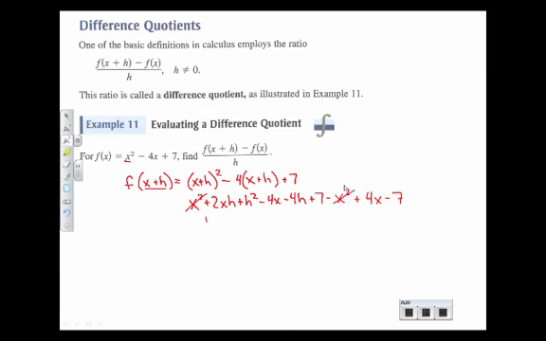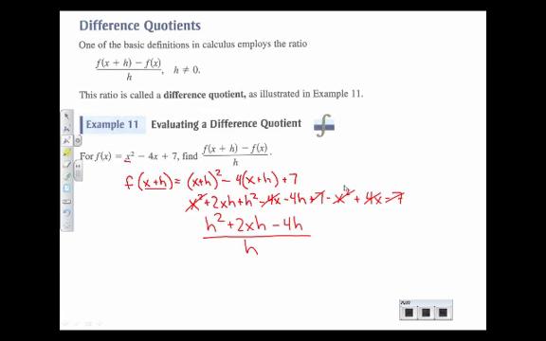We've got h squared as our largest term. Negative 4x plus 4x, 7 minus 7. h squared plus 2xh minus 4h, all over h.